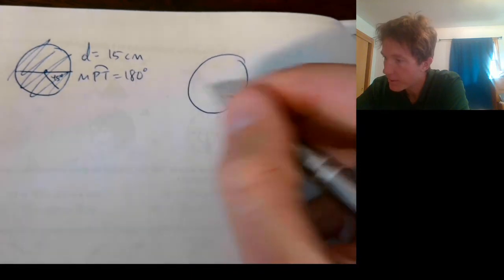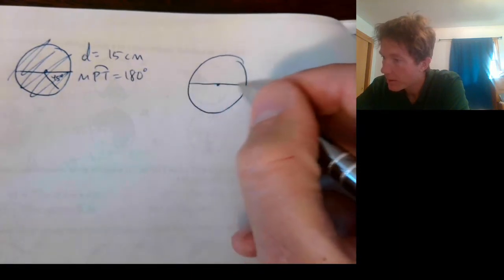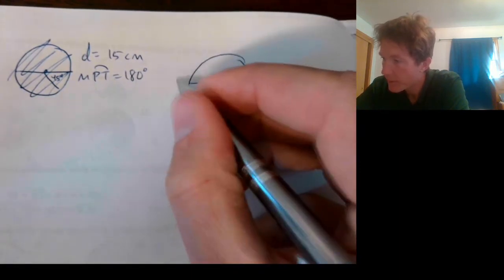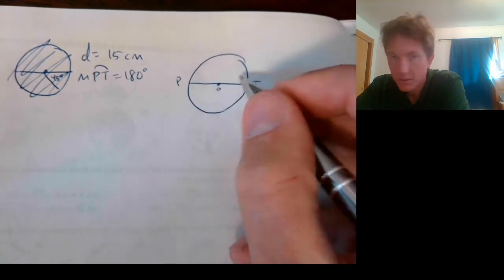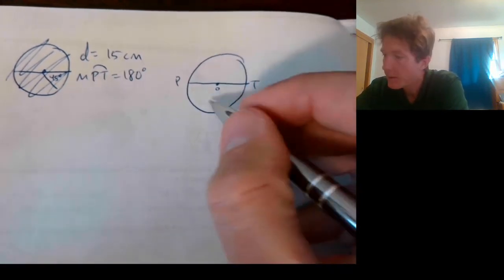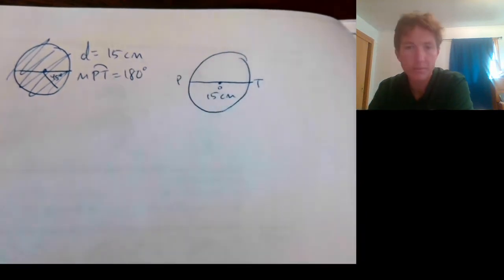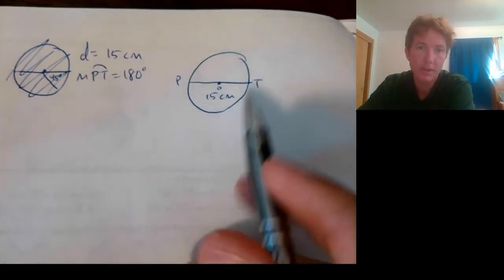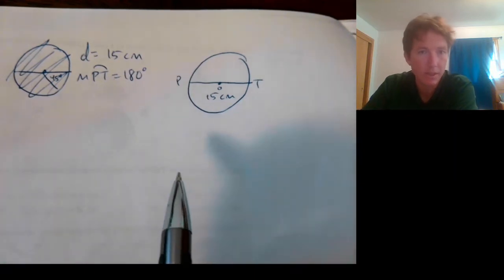Okay, so O is in the center, P and T. So we're looking at just half the area of the circle basically. My diameter is 15 centimeters. So all I need to do here is find the area of the circle and divide it by 2, and I'll get the answer.